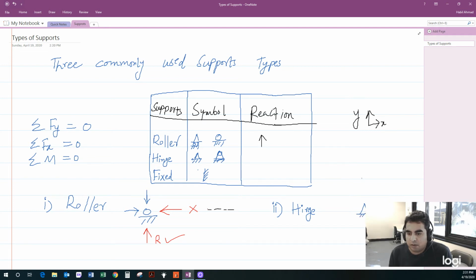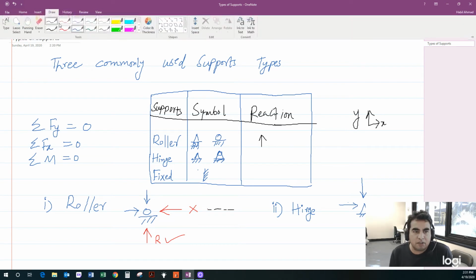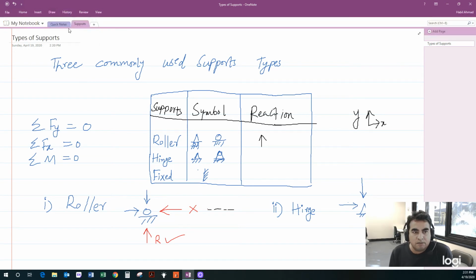If you apply forces or loads in the horizontal and vertical direction, the support is able to resist both horizontal and vertical forces or reactions. This R just represents the reaction. Horizontal means the horizontal reaction, but the support is not able to resist any moment.